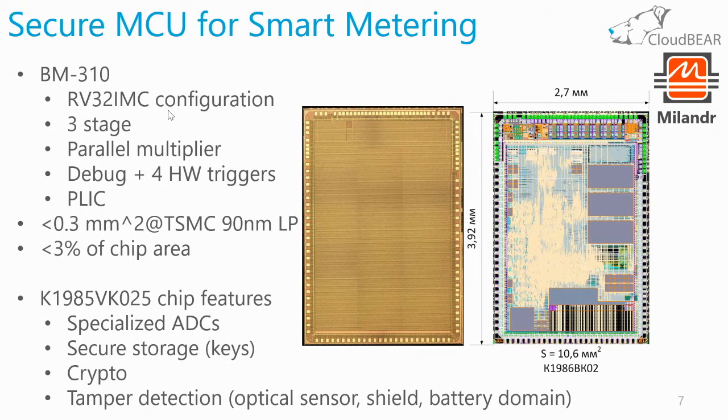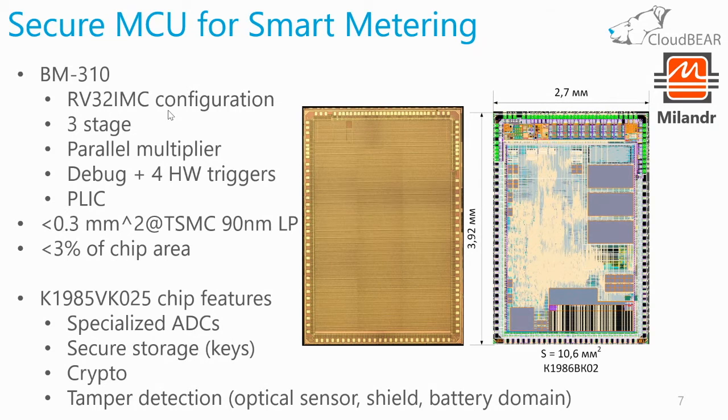We provide the RV32 IMC configuration. This is a three-stage pipeline. The customer asked us for a parallel multiplier to do some calculation work faster, and for adding debug features, especially hardware triggers to enable debugging in the embedded flash memory.